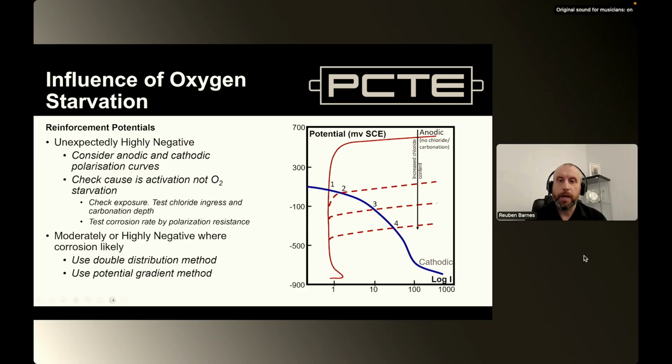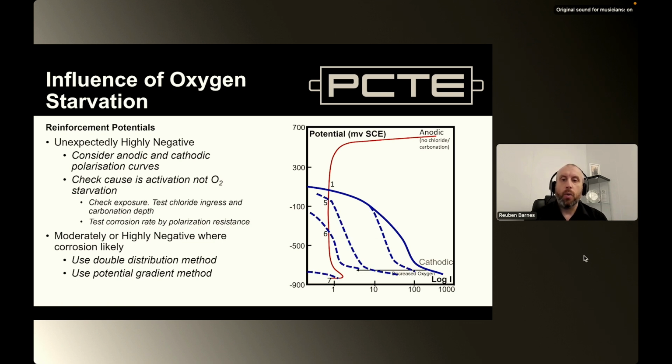However, when we decrease oxygen, so if we starve the system of oxygen, what we tend to find, and if you go back to that mechanism that I showed you, that it was the oxygen and the water that was going into the cathodic reaction, if we starve our system of oxygen, we get a shift in this cathodic curve. So we're moving a different effect, okay?